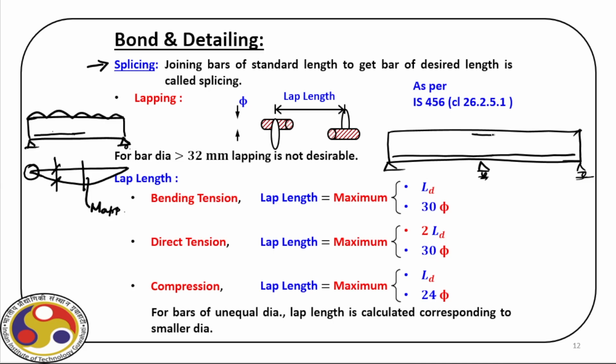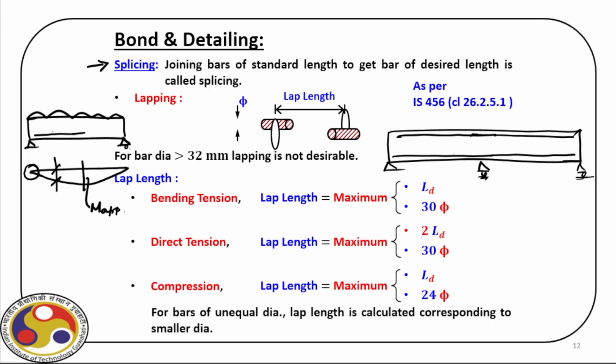So for that, we have to provide rebars at the top. But as we go towards the two ends, because of the simple support, the requirement of steel at the top face will be less. So we can reduce the bars. And not only that, if we have a large beam, then in between, we often need to lap two bars because we may not get a single bar of sufficient length.